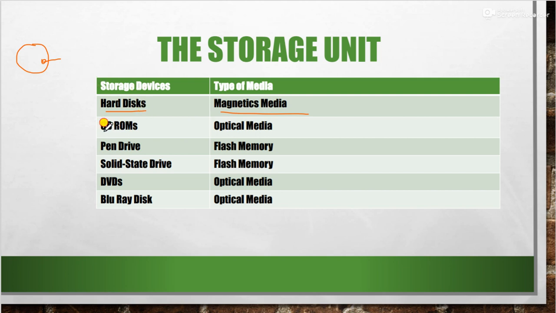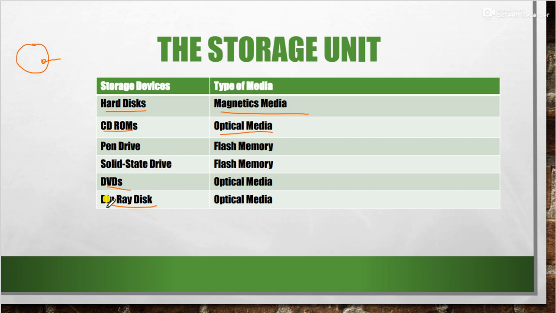Then next thing is your CD-ROM. CD-ROM is using optical media. Even your DVDs and your Blu-ray discs are discs which use optical media for storing the information. When we talk about capacity, CD-ROM has less storage capacity, whereas the storage capacity of DVD is far better than CD-ROMs.